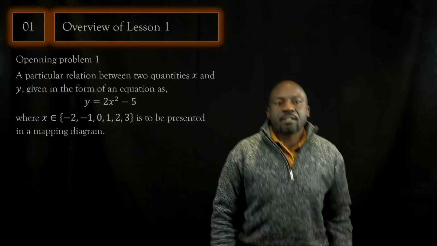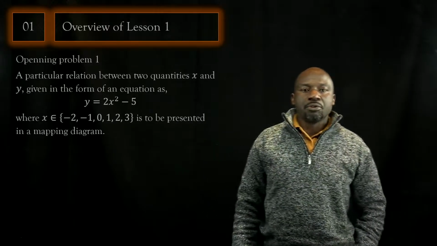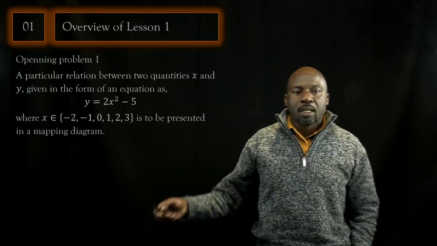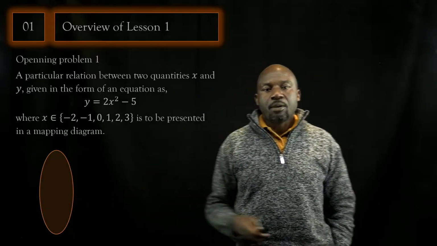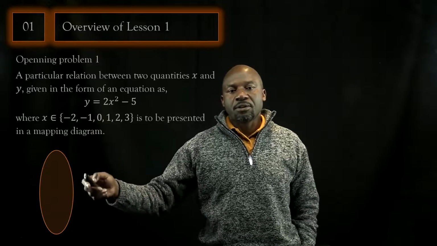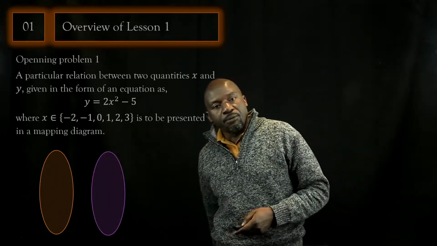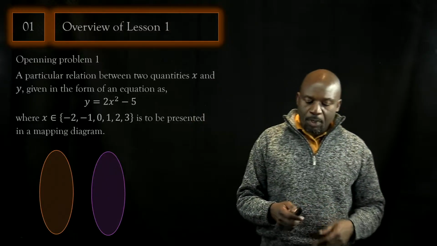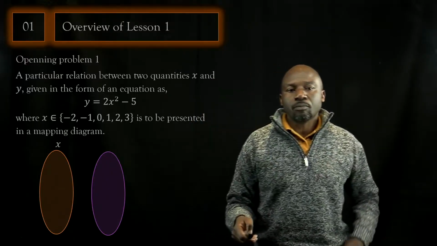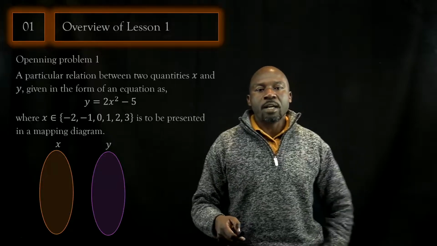If we're going to represent this on a mapping diagram, we need to draw, first of all, 2 ovals. One for the input, or the values of x, the other one for the values of y. So put x there, input y there.